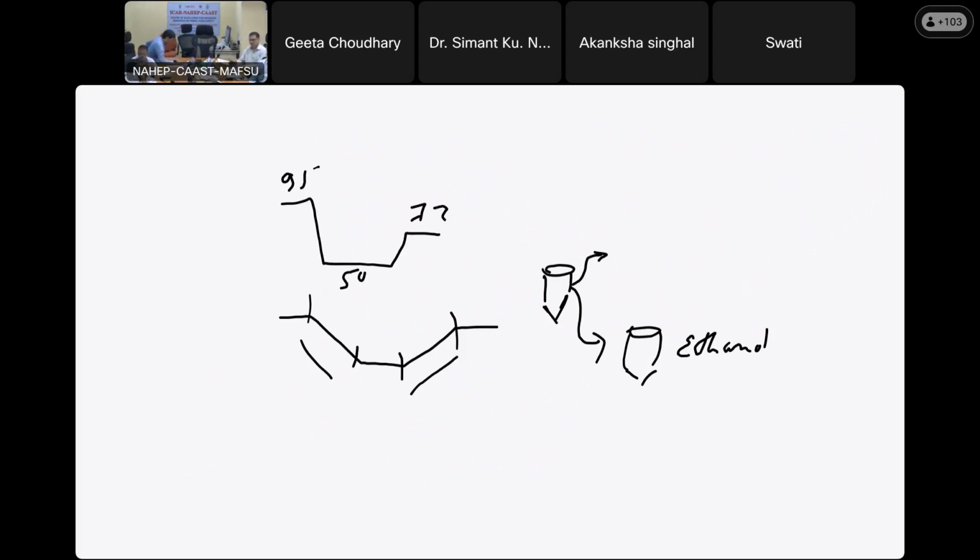Okay. Sir, Yogesh, sir, the question is: what are the parameters set when putting a sample in Sanger sequencing? Last question. Parameters set when putting a sample in a Sanger sequencer.